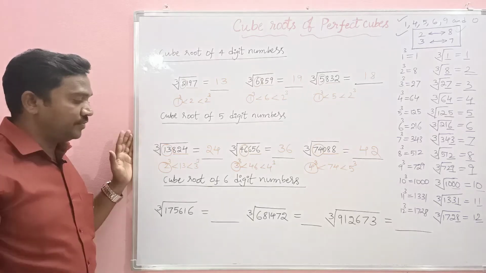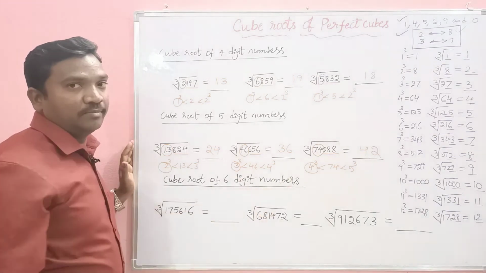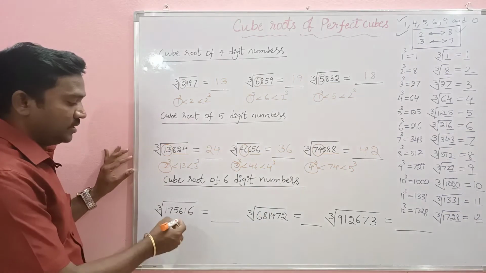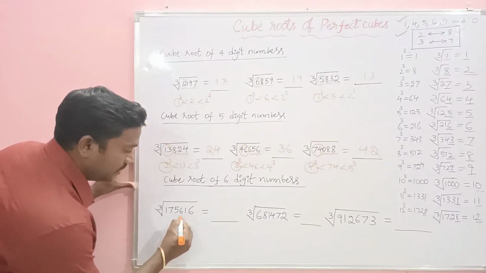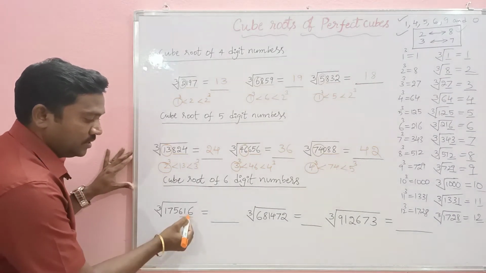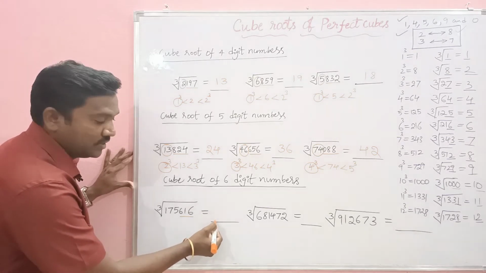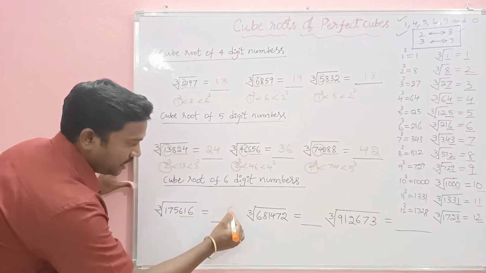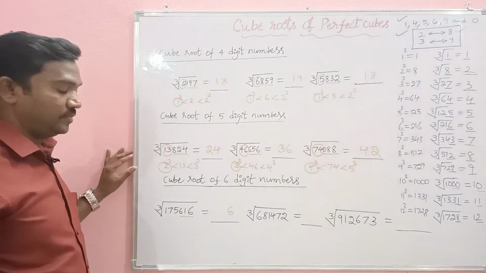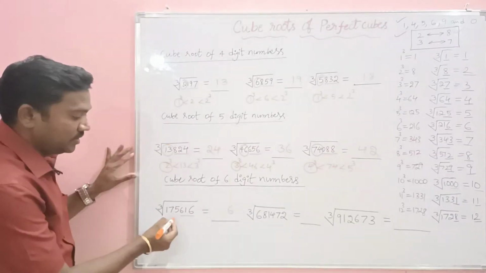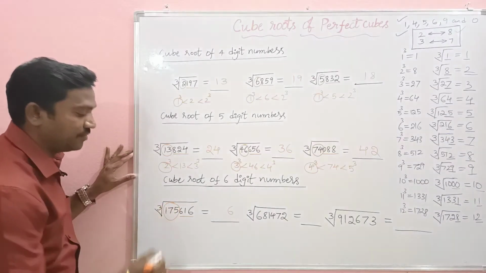Now see cube root of 6 digit numbers. See here. Here the number ends with the digit 6. So we can get 6 as the units place of the answer. Now what about this 175?